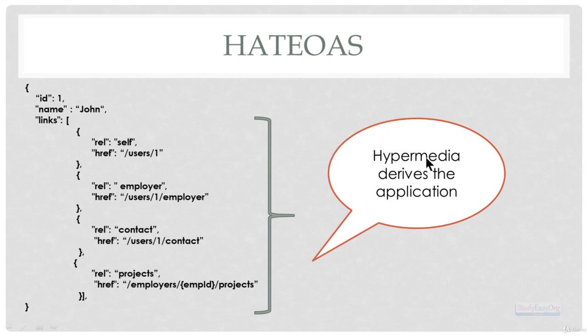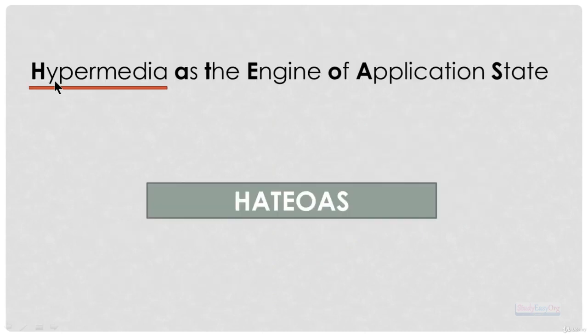Now, as the links are very important, we have the acronym Hypermedia as the Engine of Application State. Hypermedia drives the application state. Hypermedia is nothing but the engine of the entire application state. As a result, we have the acronym HATEOAS.